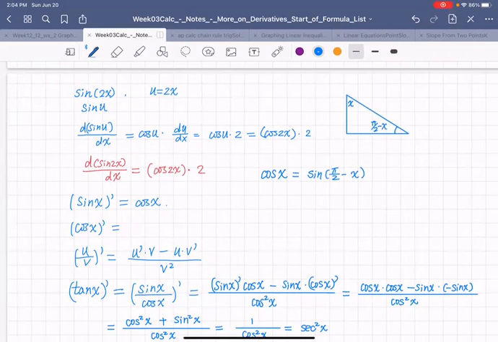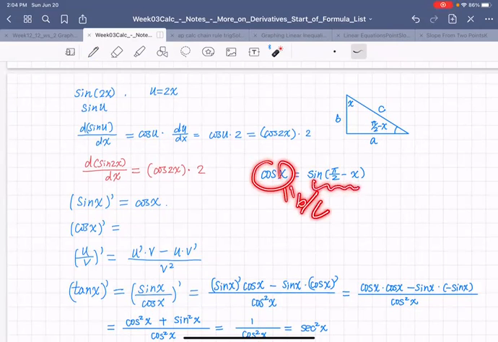This is a, this is b, this is c. Cosine x equals b over c. And sine of this angle is the opposite over the hypotenuse, which is also b over c. Same, so these are equal. Now, we want to rewrite this as here.